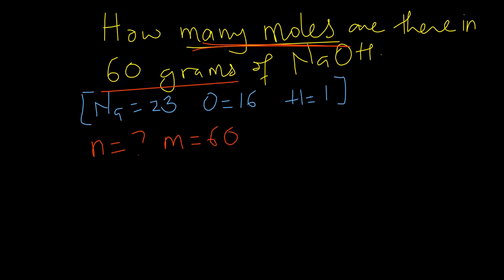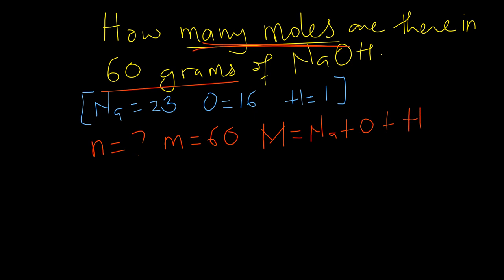Because we know for questions like this, we would definitely need the molar mass of the sodium hydroxide. Here in this case, we are supposed to calculate the molar mass of sodium hydroxide using the individual atoms. So the molar mass of sodium hydroxide equals the mass of sodium plus the mass of oxygen plus the mass of hydrogen.